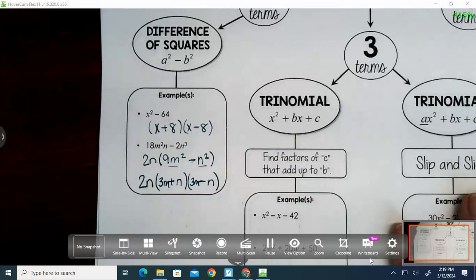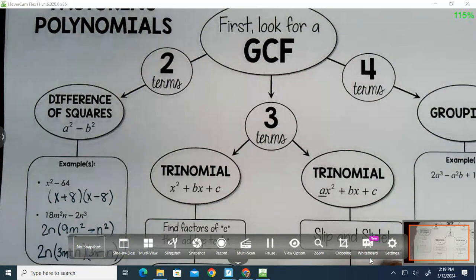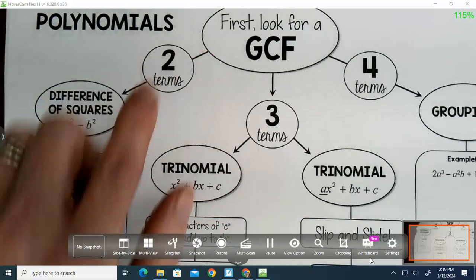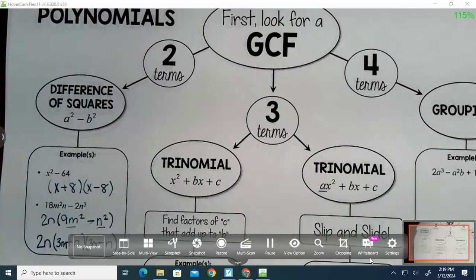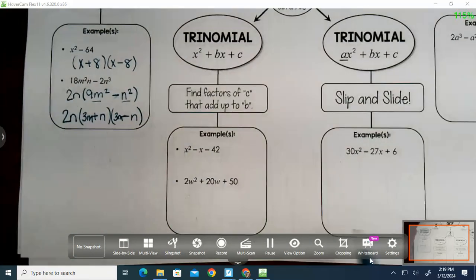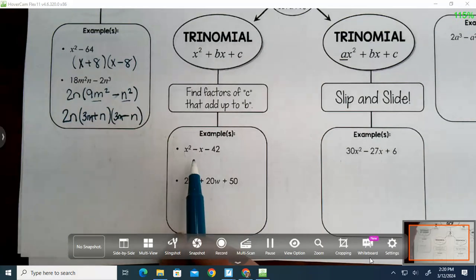All right. If we have three terms, we still have to start with the GCF. So then if three terms, that's our trinomial. So that was our slip and slide, or sometimes we had the easy method. So this first one, do we have a greatest common factor?